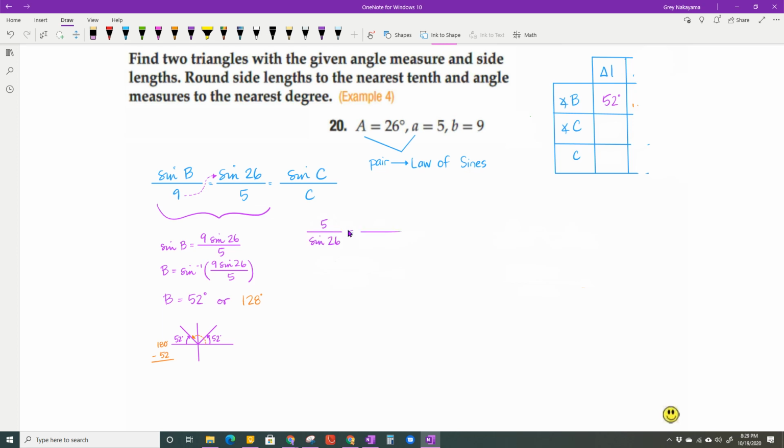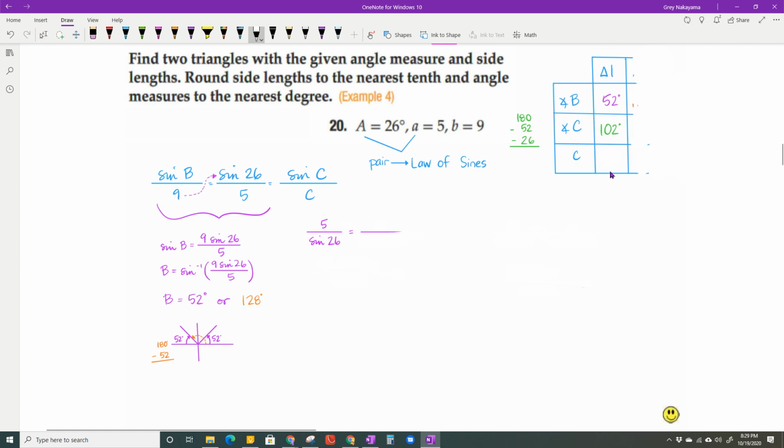Now this time, remember, before I finish, what is angle C, y'all? Angle C, if I know that A is 26 and B is 52, then 180 minus 52 minus 26 is going to give me 102. So all I'm looking for left to solve in this triangle is big C.